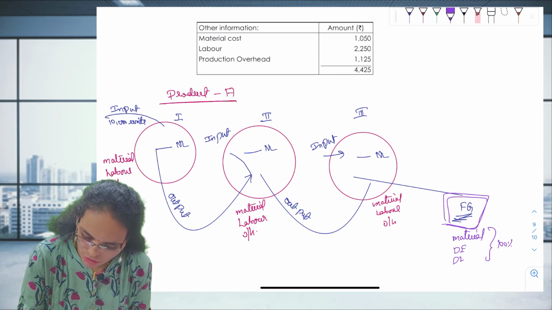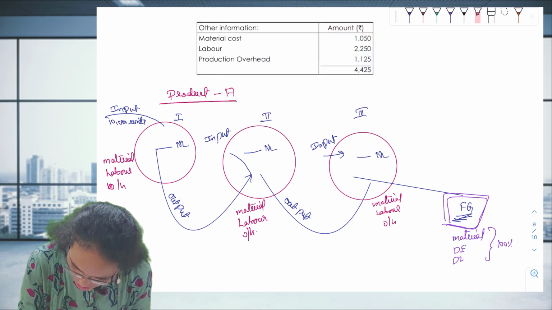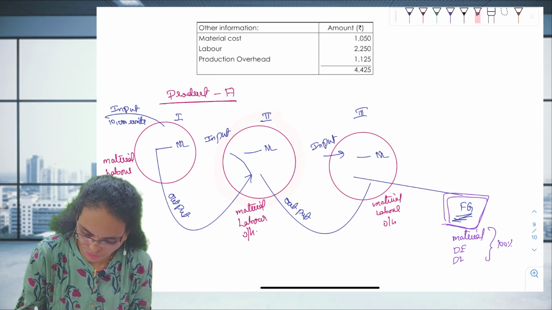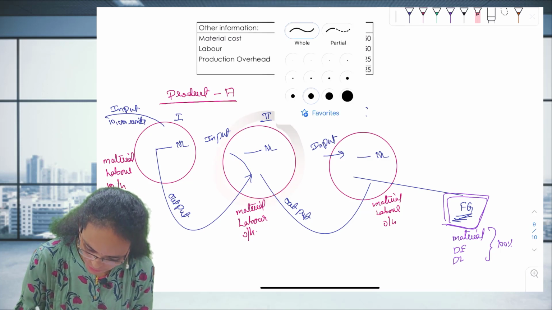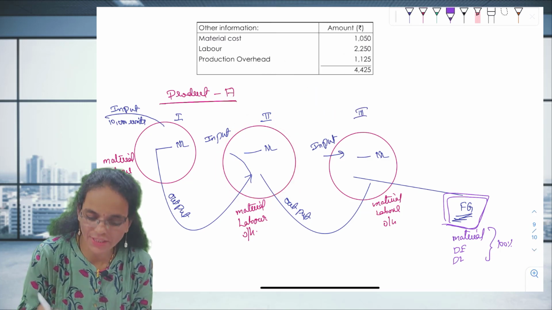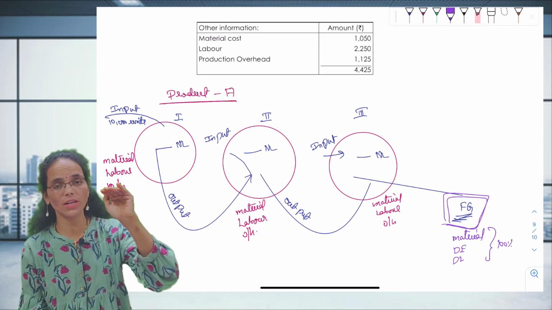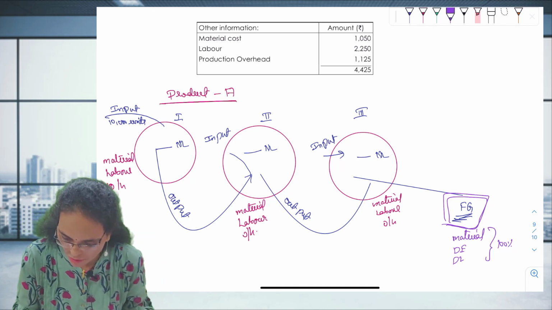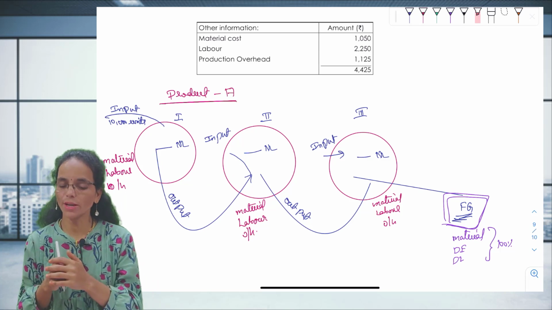So now take the example, we are sitting in process 2. When we are sitting in process 2, the units which have been transferred from the work in progress, from the first process, will be the input for the second process.